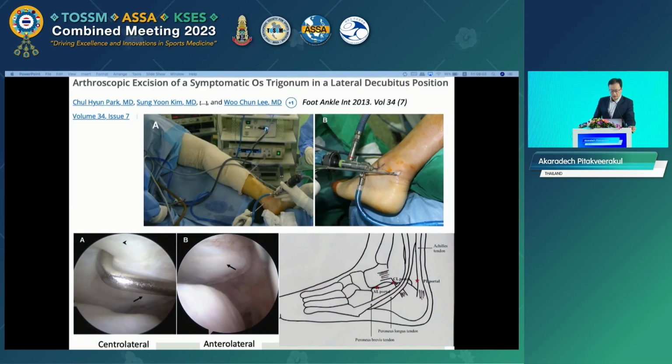A group of doctors from Korea, Woo Chun Lee, proposed arthroscopic excision of the symptomatic os trigonum in the lateral decubitus position.